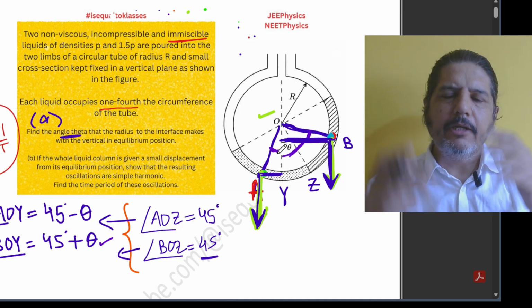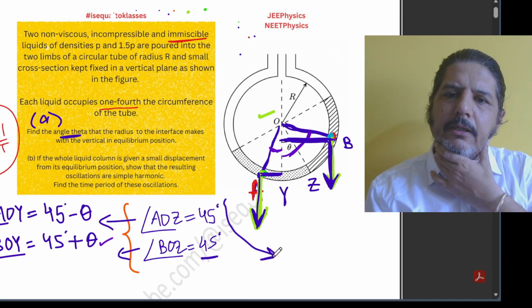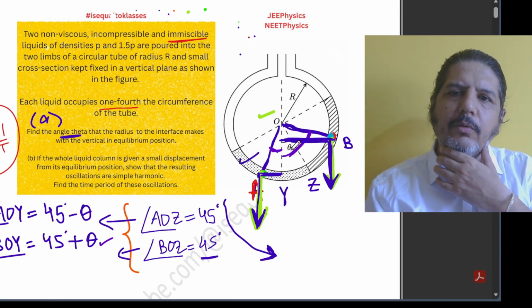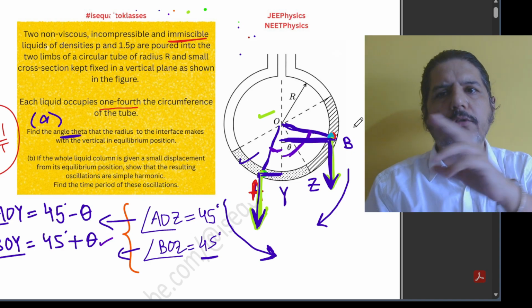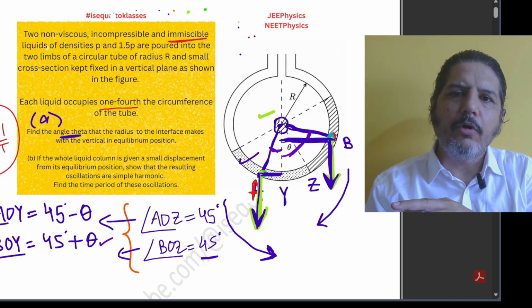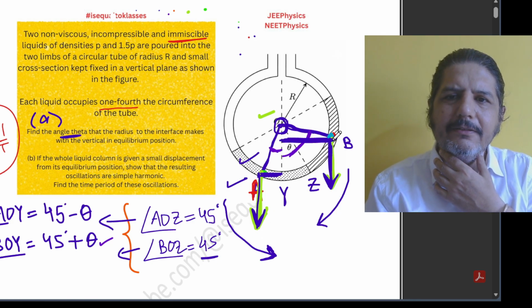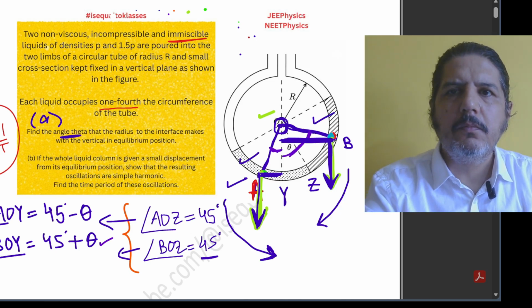When it is in equilibrium, the torque in the anti-clockwise direction due to this liquid is equal to the torque in the clockwise direction due to the liquid B, and the torque would be calculated about point A, and we will have to calculate this distance when we are calculating this torque, and this distance when we are calculating this torque. And this is what I have done here.